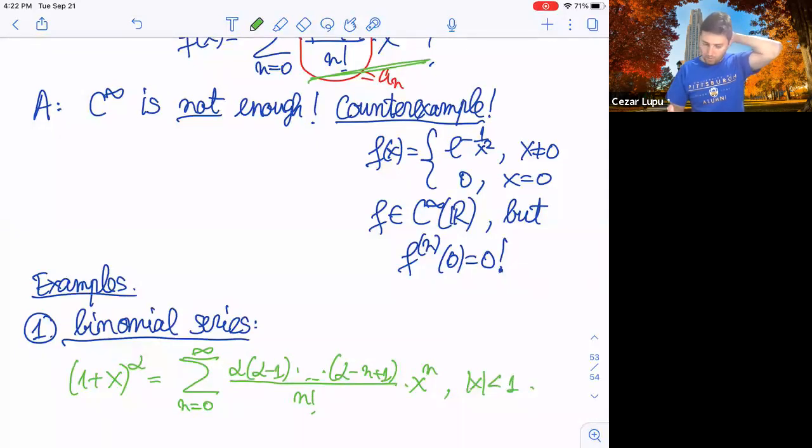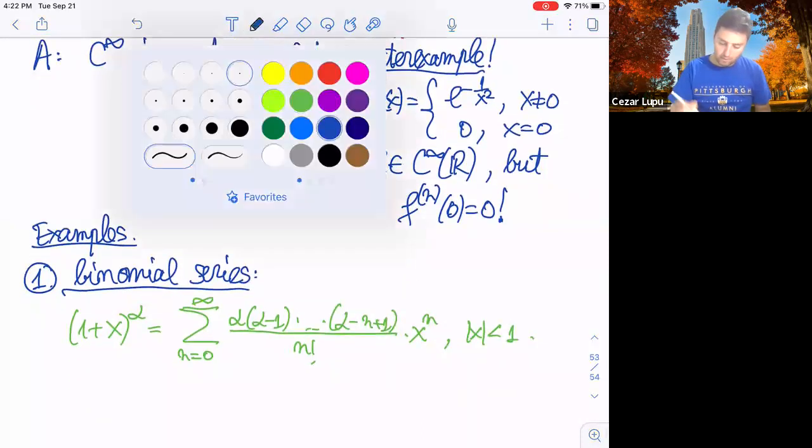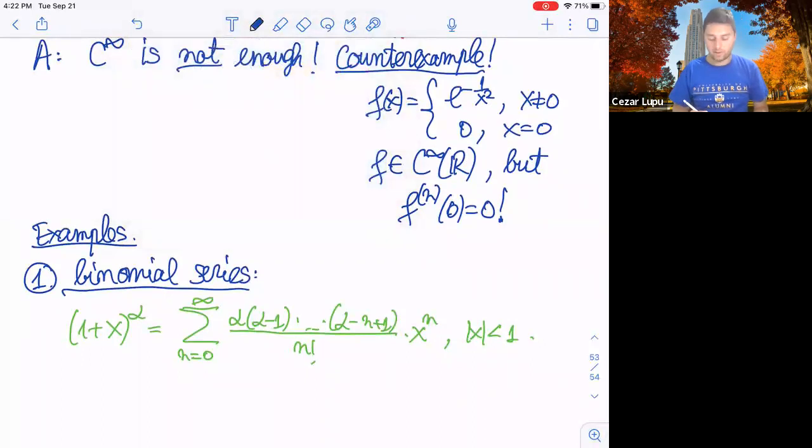All right, and now let's see some particular cases. For example, let's take alpha to be negative 1. What do we have? We have 1 over 1 plus x.